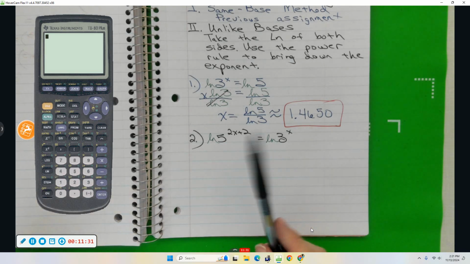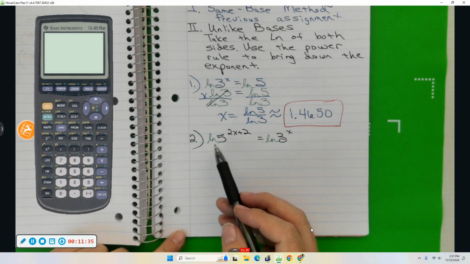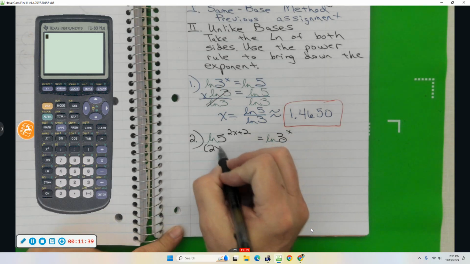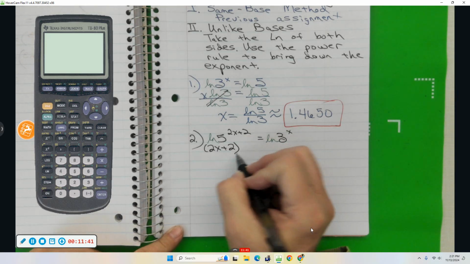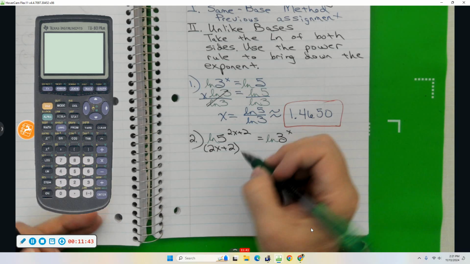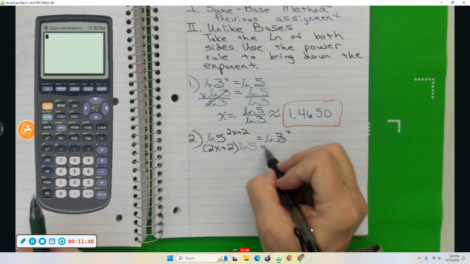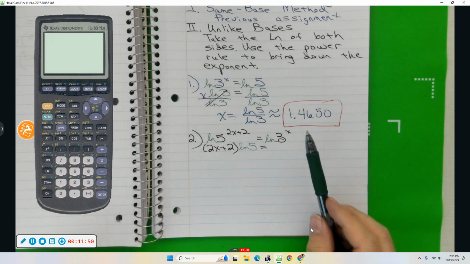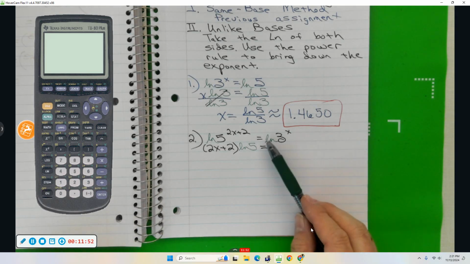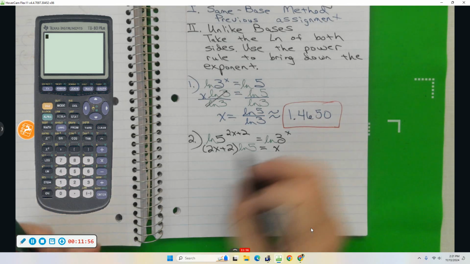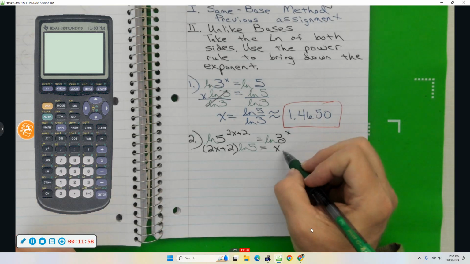When you bring it down, the whole thing's going to have to be multiplied by ln 5. We'll write it in parentheses, 2x plus 2 times the natural log of 5 is equal to, pick up the x, move it down, so it's x times the natural log of 3.